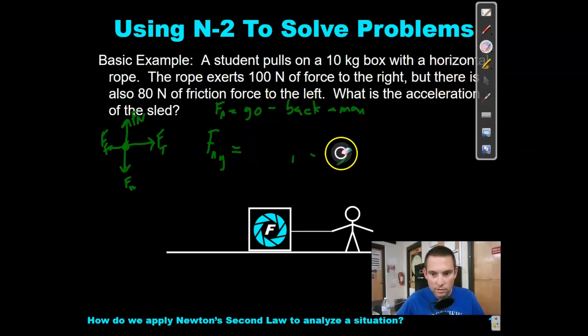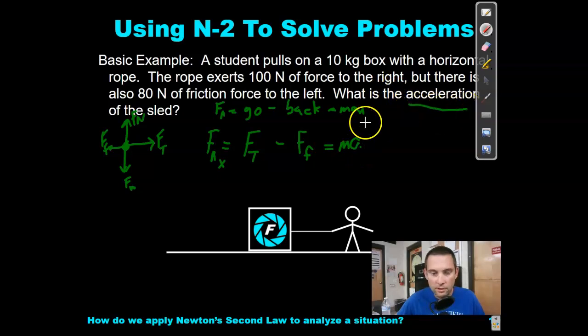So now I'm going to look at it in the horizontal, in the x direction. And the key here is you have to treat x and y completely separately. So we're looking in the x direction. Stuff that makes it go, in this case, tension is winning, minus the stuff holding it back, frictional force, equals mass times acceleration.